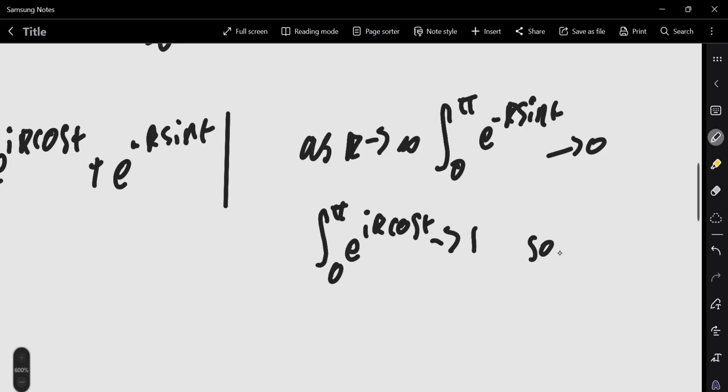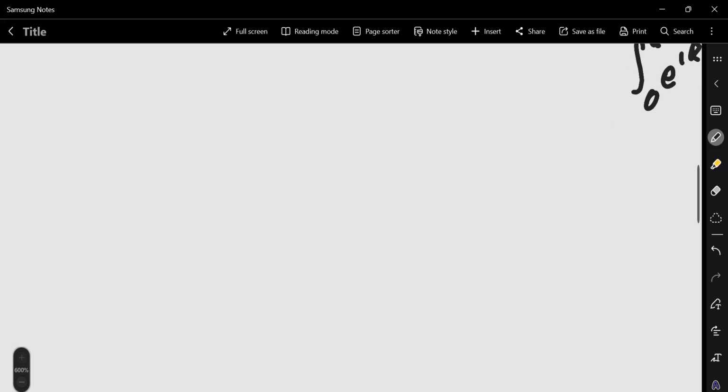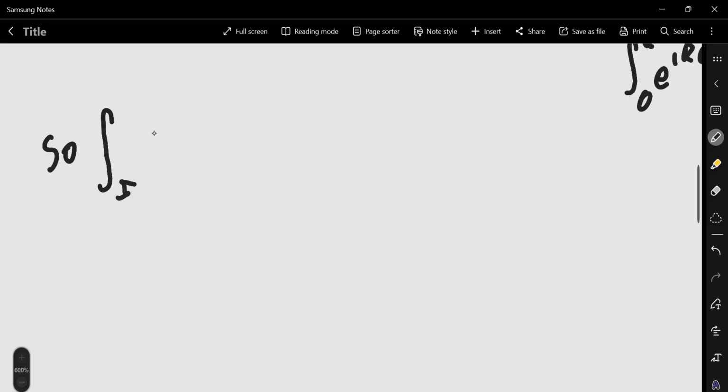So just e to the 1, so 0. So the integral over big gamma of f of z dz is just 0.